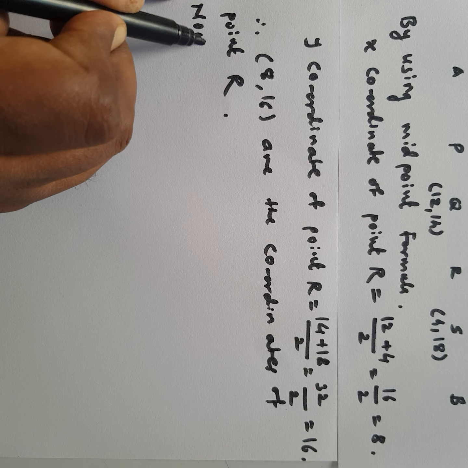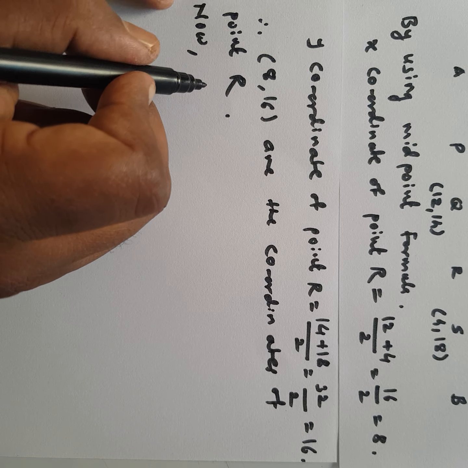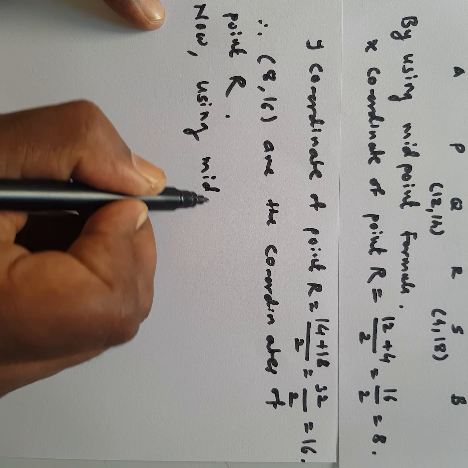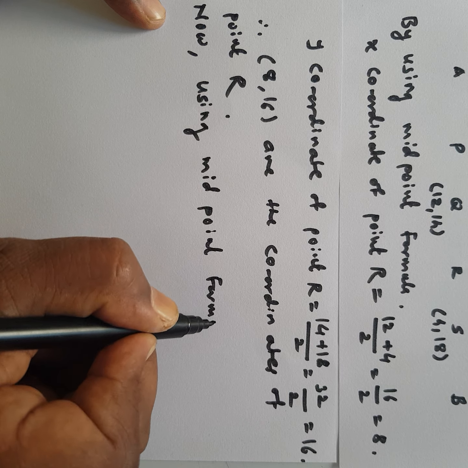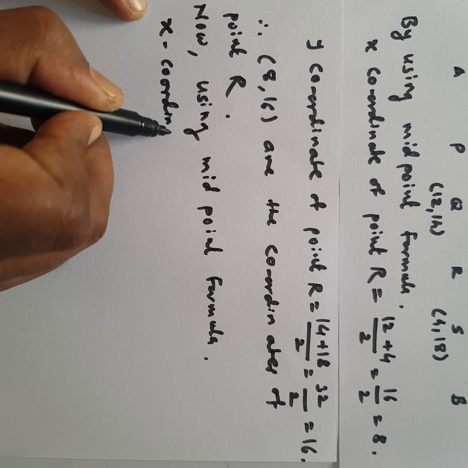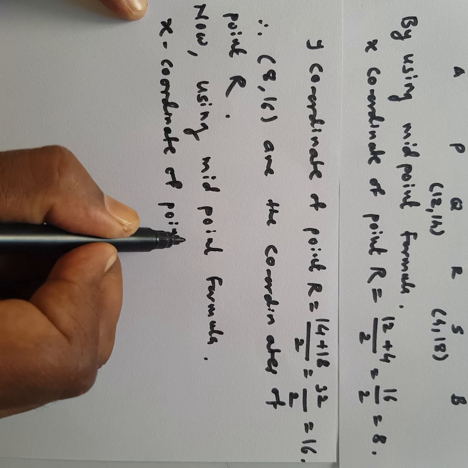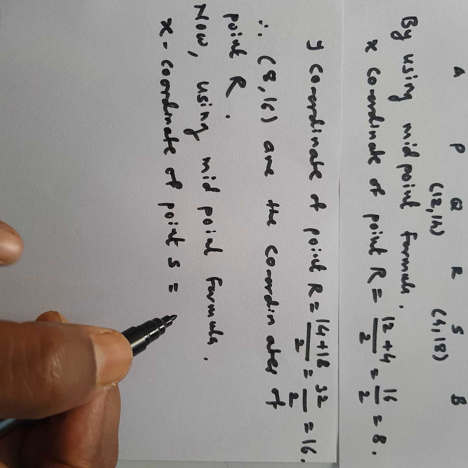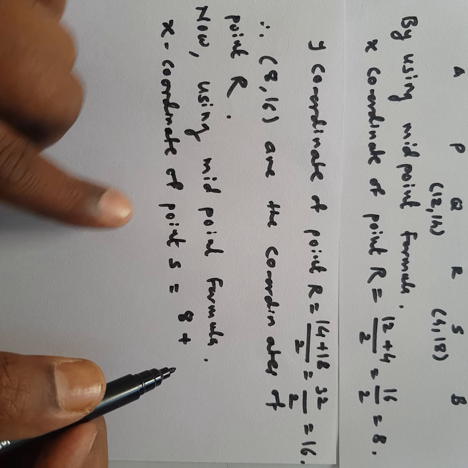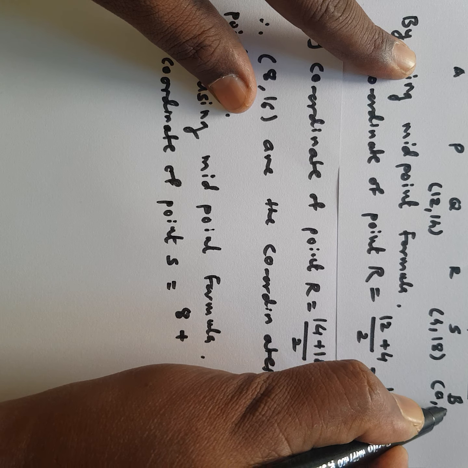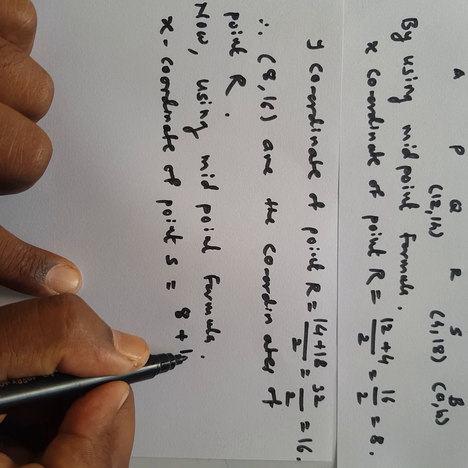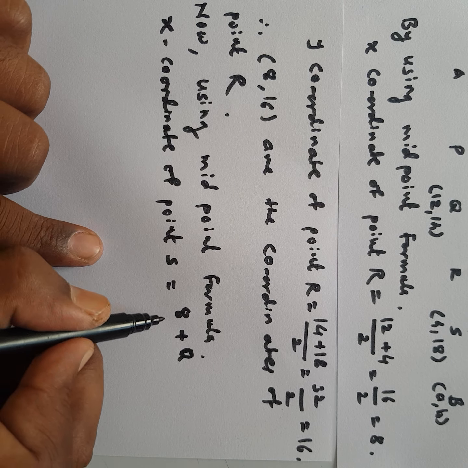Now using the same midpoint formula, the x coordinate of point S is equal to the x coordinate of point R, which we have found is 8, plus, let A be the x coordinate of point B, upon 2.